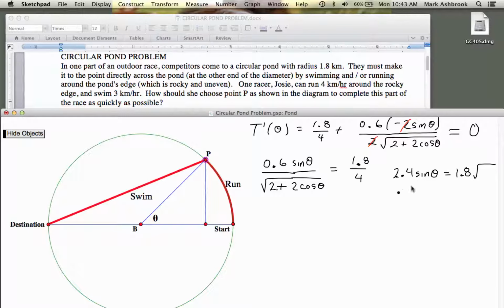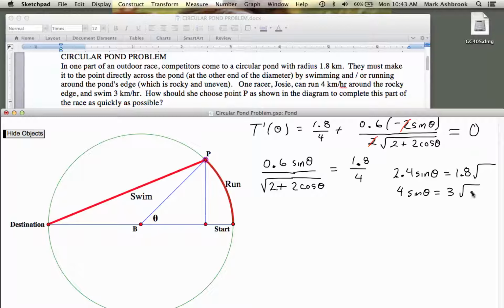So this really becomes 4 sine theta equals 3 times the same radical that's here. Okay, we buy that. 2.4 is 4/3 of 1.8. So we can say this is 4 and this is 3, or you can multiply by 10 and divide by 6.